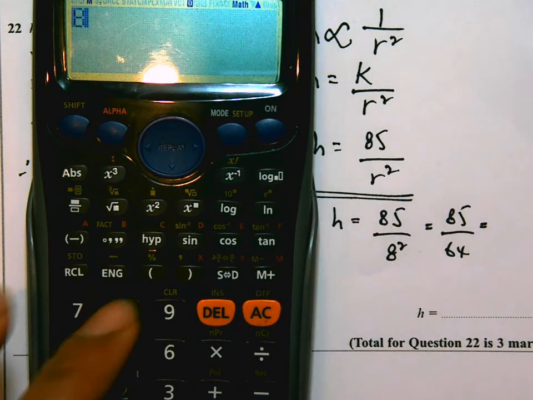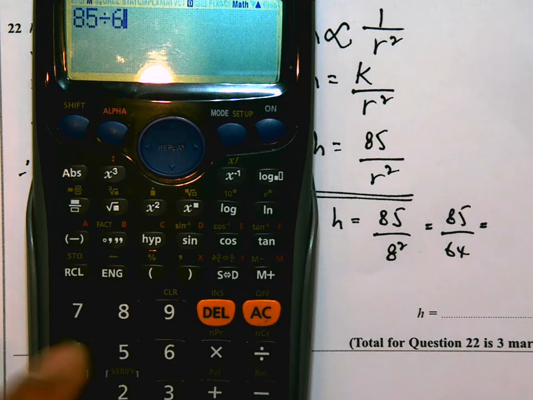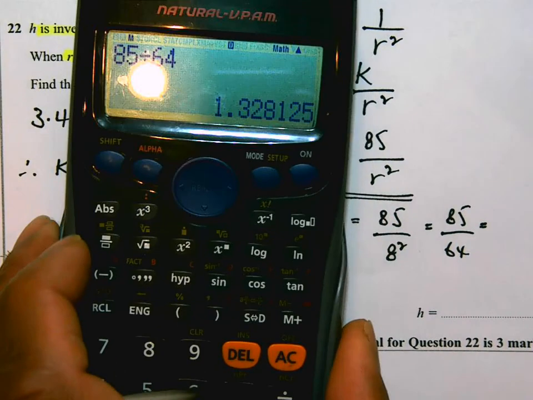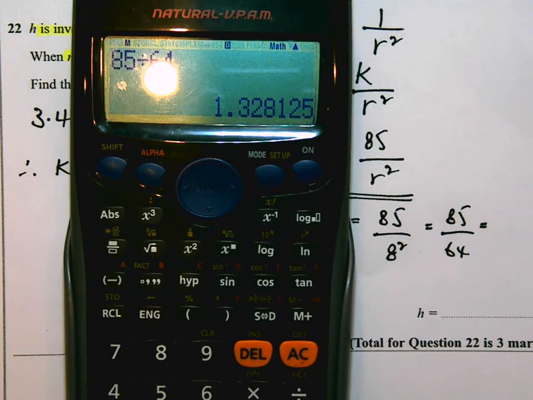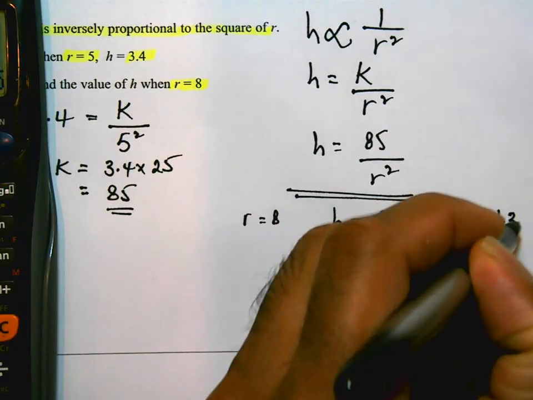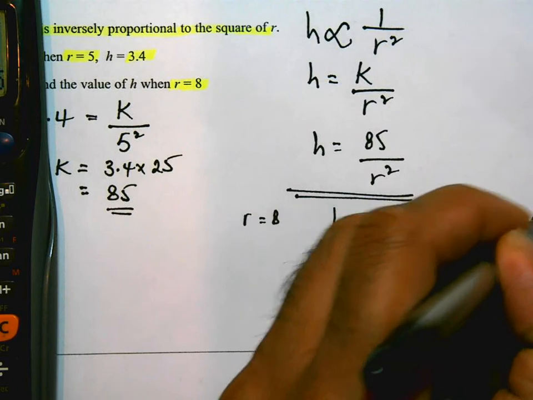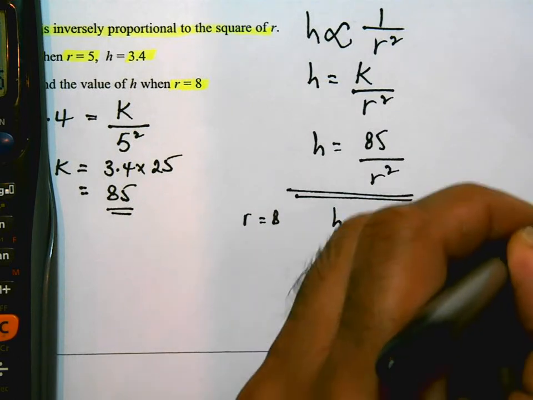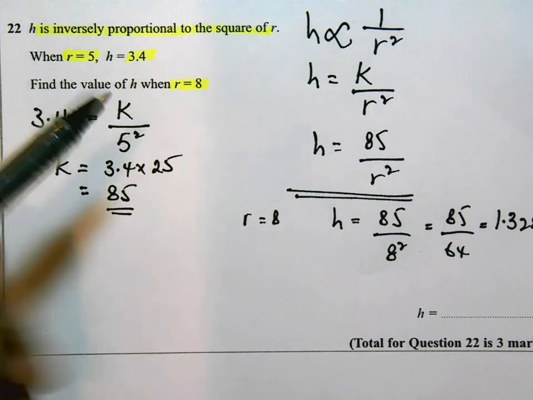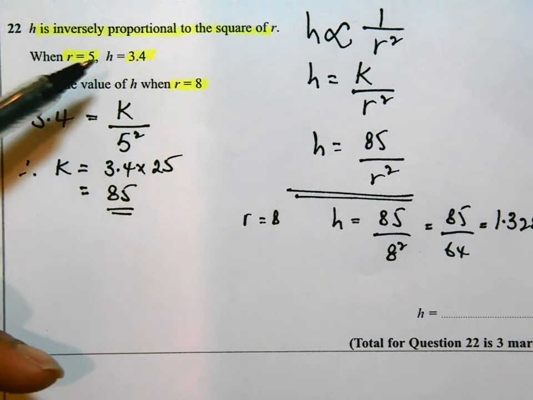85 divided by 64 equals 1.328125. So if I write all of that down first of all, 1.328125, and just looking at the question, it has the answers written to 1 decimal place.